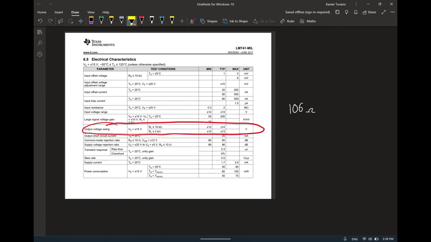And so here we have for plus and minus 15 dual power supply, and at a minimum of 10 volt, they're getting a max voltage value at 2 kilo ohm. So for 5 volt, our maximum load was 106 ohm. And so they have plus and minus here for dual power supply, but really that means 30 if you think about it. But yeah, we had 0 to 5.